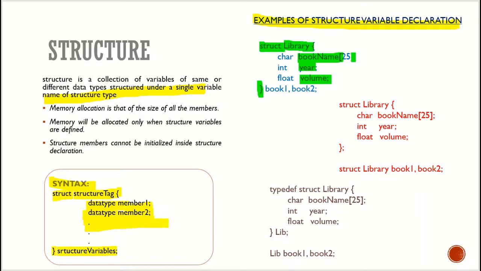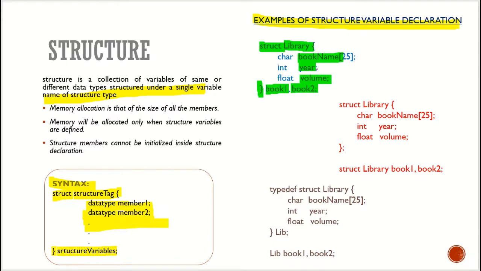Book name is a character array, year is integer and volume is float. The two variables book1 and book2 are the actual structure variables. That means book1 is of struct library type and book2 is also of struct library type, having these three variables.